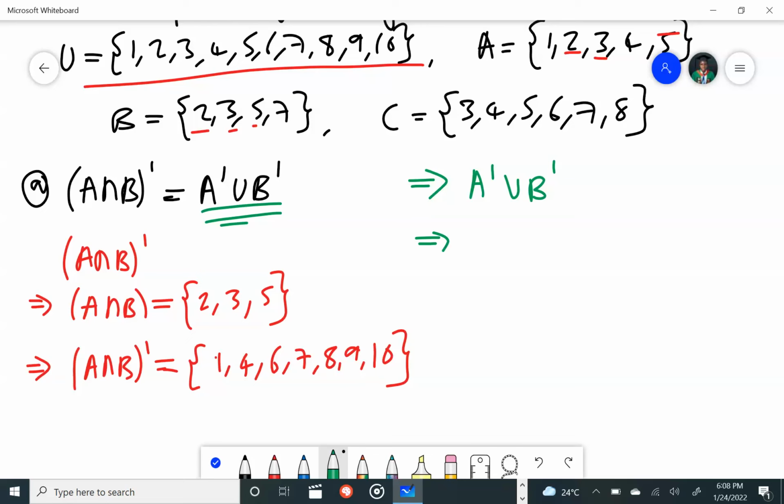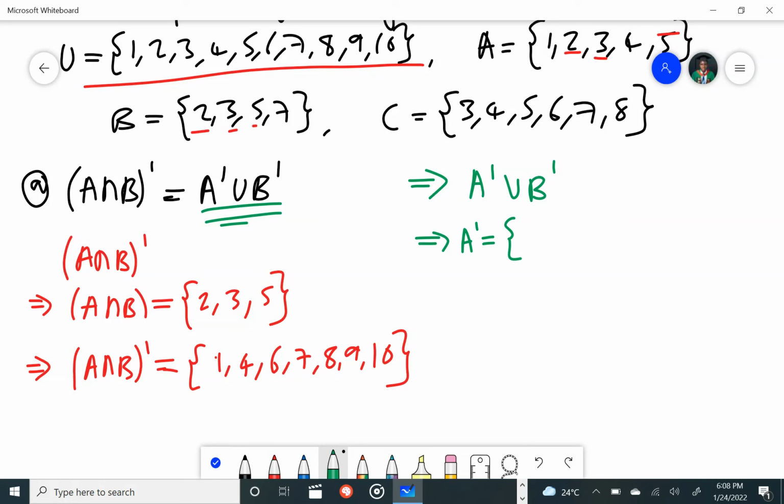Again, what are we going to find? You first have to find A complement and B complement. For this particular kind of question, you want to solve what A complement is. So let's solve for A complement.